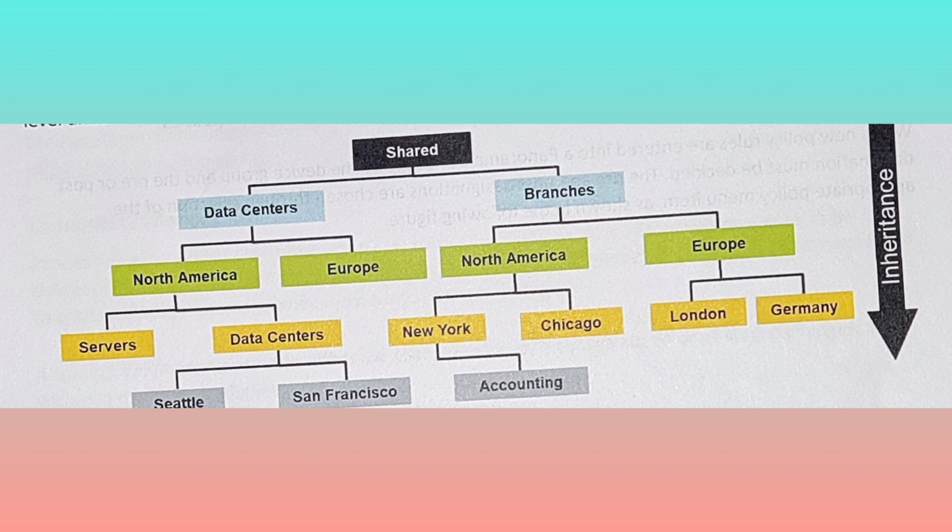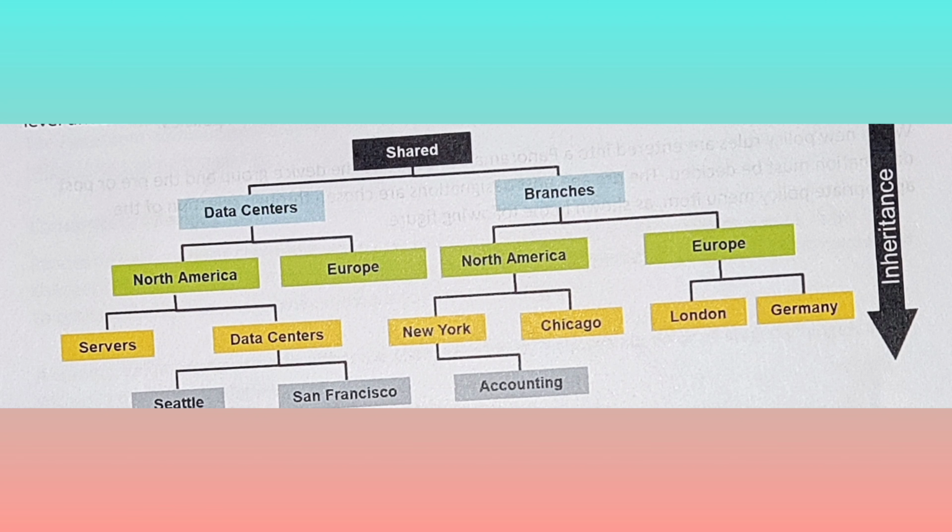All device groups inherit settings from the shared location, a container at the top of the hierarchy for configurations that are common to all device groups. Creating a device group hierarchy enables you to organize firewalls based on common policy requirements without redundant configuration.